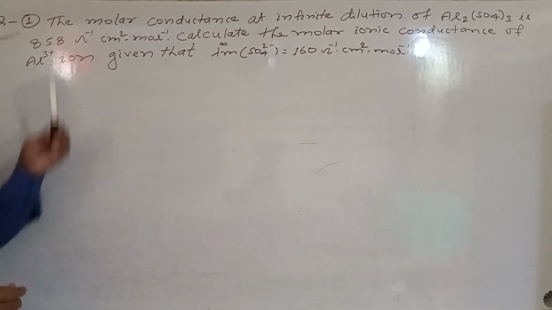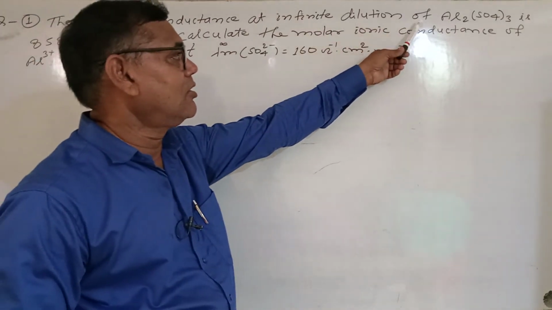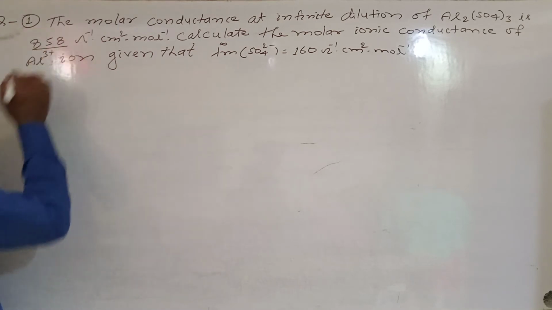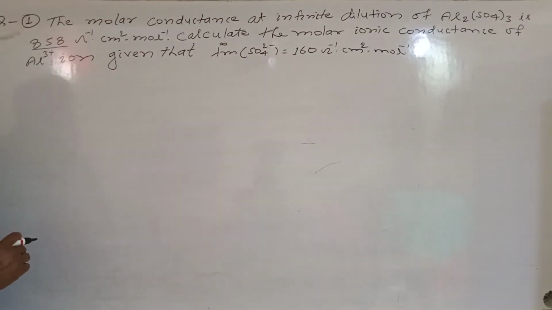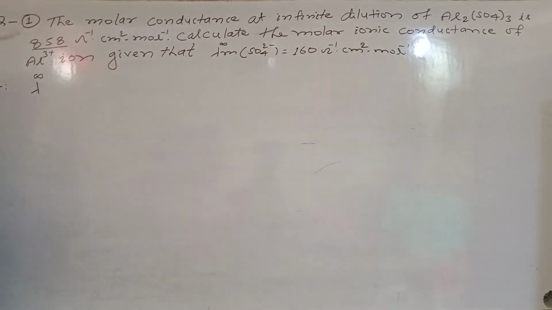The question asks: the molar conductance at infinite dilution of aluminum sulfate is 858 ohm inverse cm square mole inverse. Here we write molar conductance at infinite dilution of aluminum sulfate in the symbol lambda infinity. This infinity indicates infinite dilution.